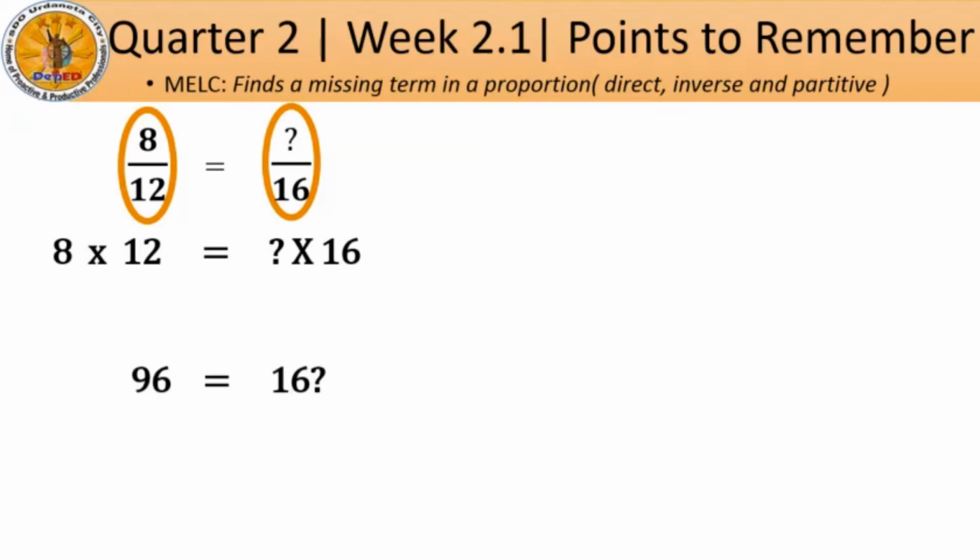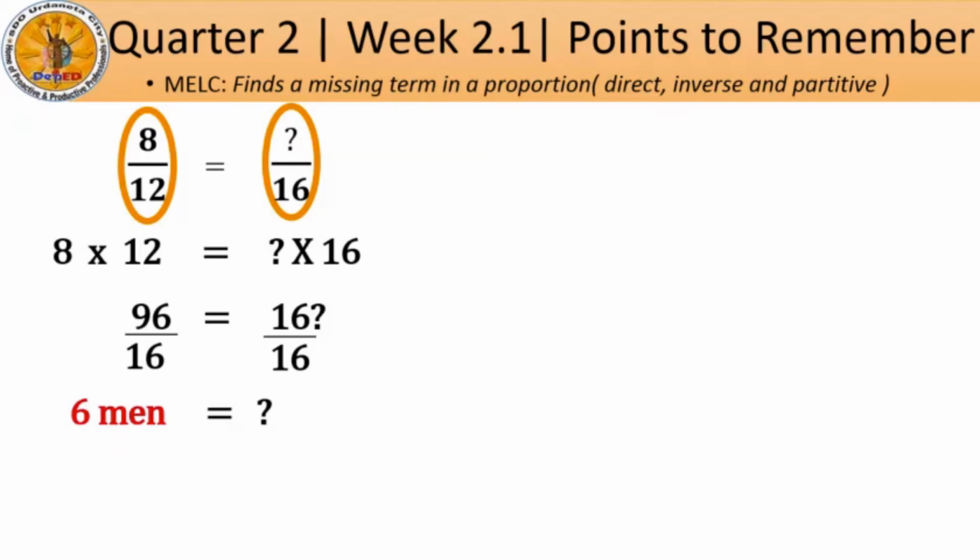So we have 96 is equal to 16 times the missing term. Then divide both sides by 16 so that the unknown term will be left in the right side. Since they are equal, let us divide also the left side by 16. So we have 96 divided by 16. The answer is 6.